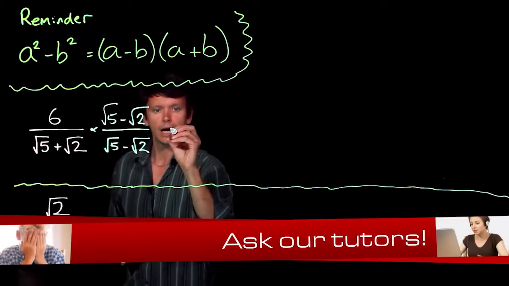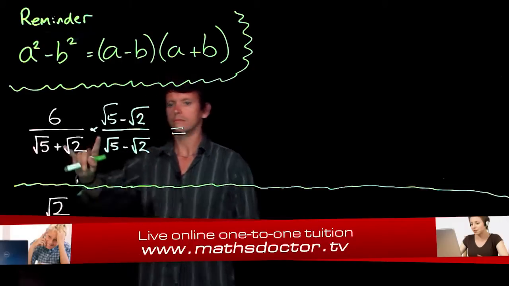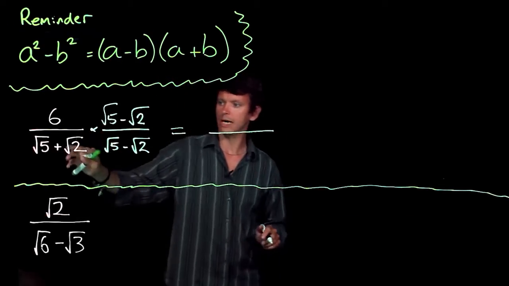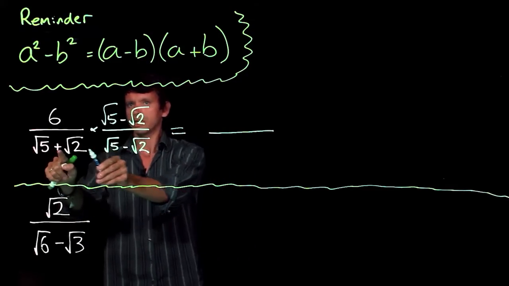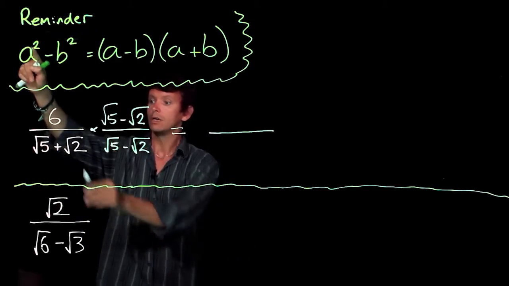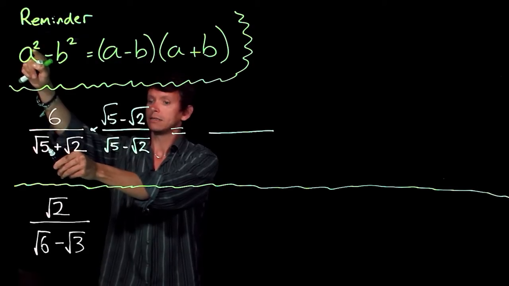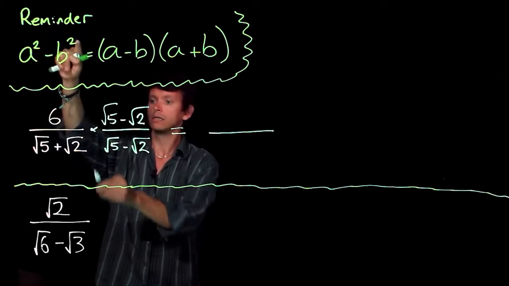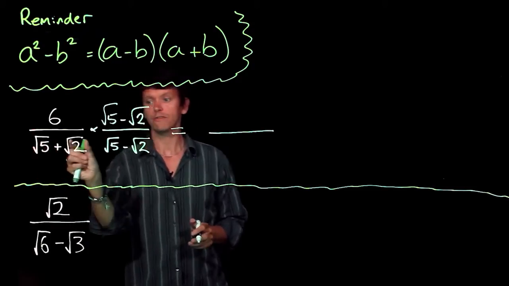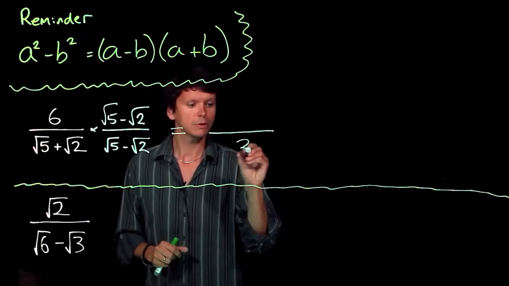Okay, how does that pan out? Let's look at our denominator first. Difference of two squares, root 5 plus root 2 times root 5 minus root 2. So we're going to end up with root 5 squared minus root 2 squared, which is going to work out as 5 minus 2, which is going to give us 3.